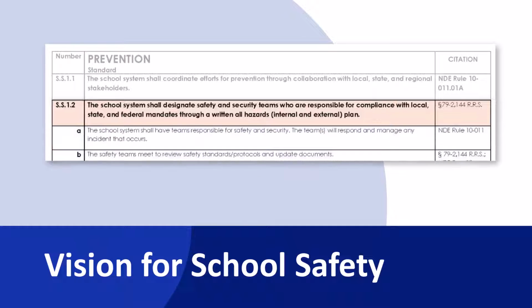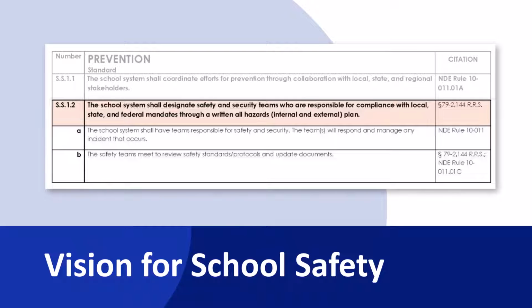There are two indicators nestled under this standard. The first defines that the school will have teams responsible for safety and security that respond to any incident that occurs. The second states that the safety teams meet to review safety standards and protocols and update documents. In this way, the indicators further define the necessary elements of the standard.